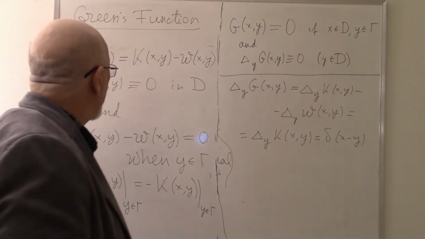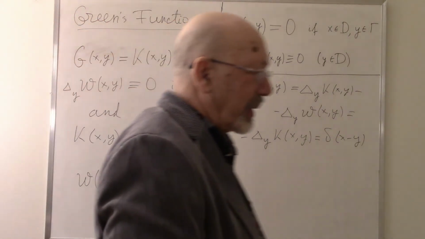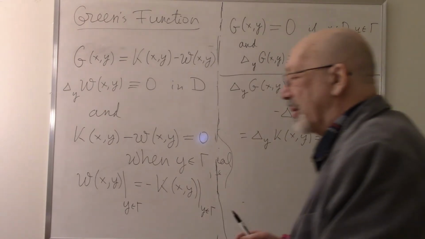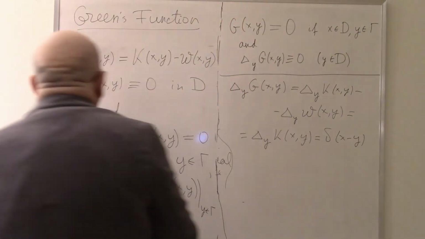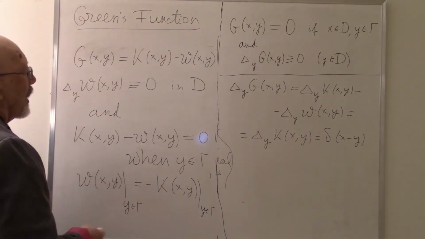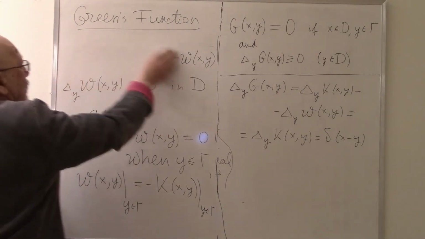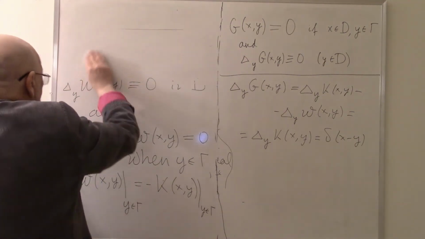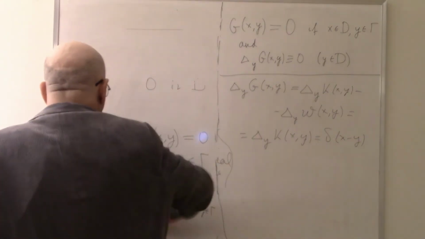And then we can write a similar identity, again use Green's identity, and find the solution of the Dirichlet problem.